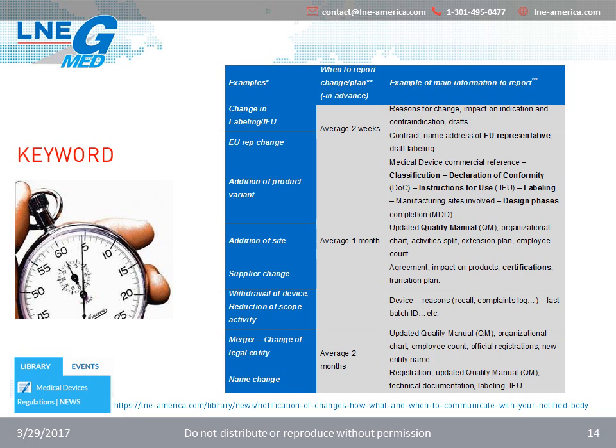Your notified body might then ask for more information and more documentation related to the change. So this is not an exhaustive list, but it's a very good start. Based on the examples given, you can see that general timelines to communicate can vary from 2 weeks to 4 months.